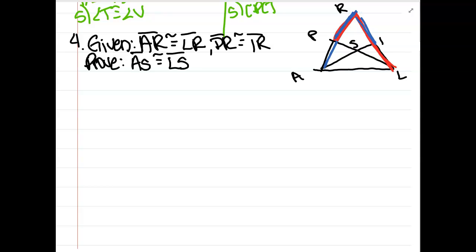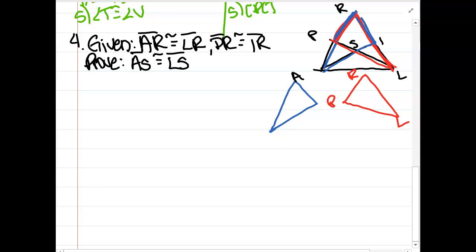I'm wanting to prove that AS is congruent to LS. So I think sometimes tracing those sides can help you see what two triangles we're looking for, those top ones there. So let's go ahead and copy these two triangles down. So we have P, R, L, and then the other one is going to be A, R, I.